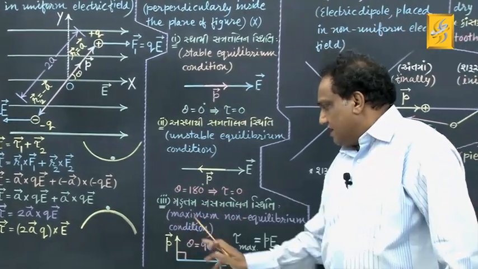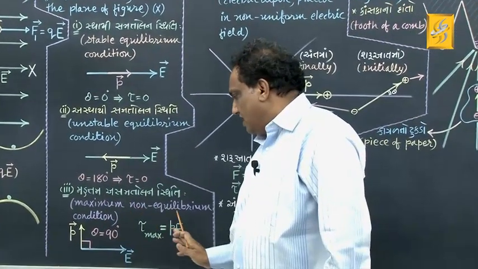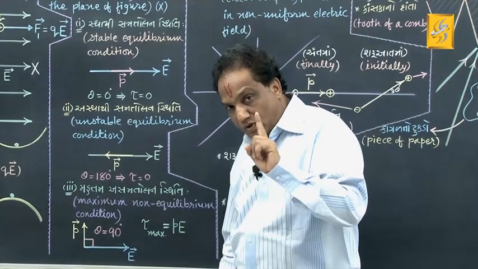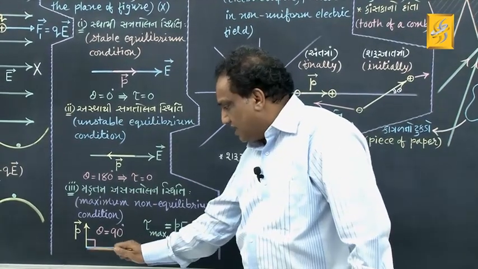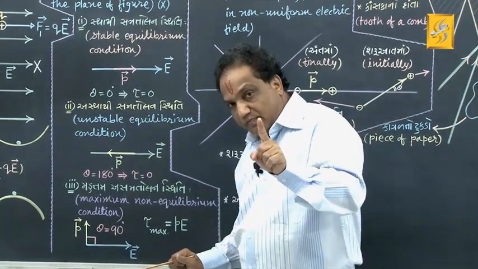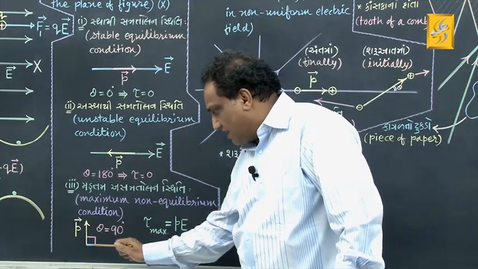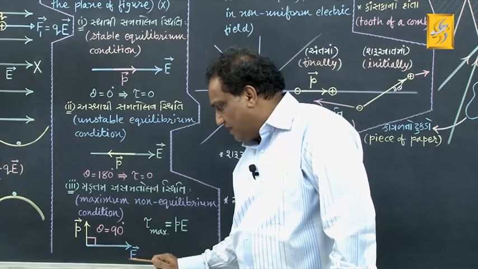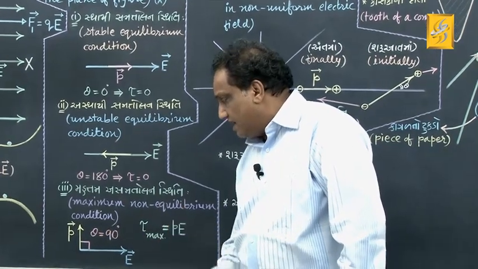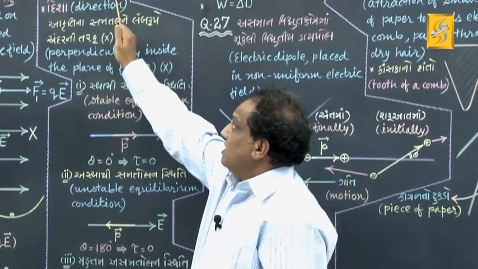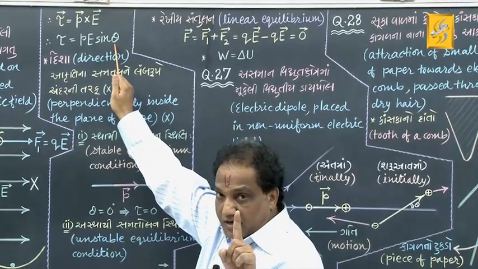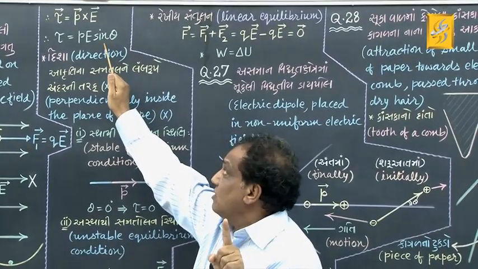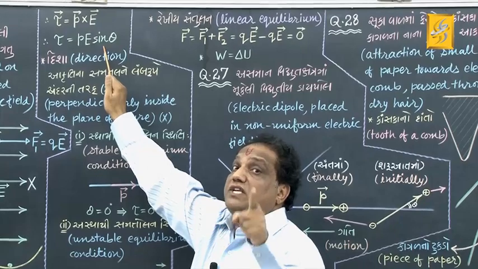And the third case: maximum non-equilibrium condition. Consider an electric dipole placed at right angle to the electric field, so the angle between vector P and vector E is theta equals 90 degrees. Sin 90 degrees is 1, its maximum value.